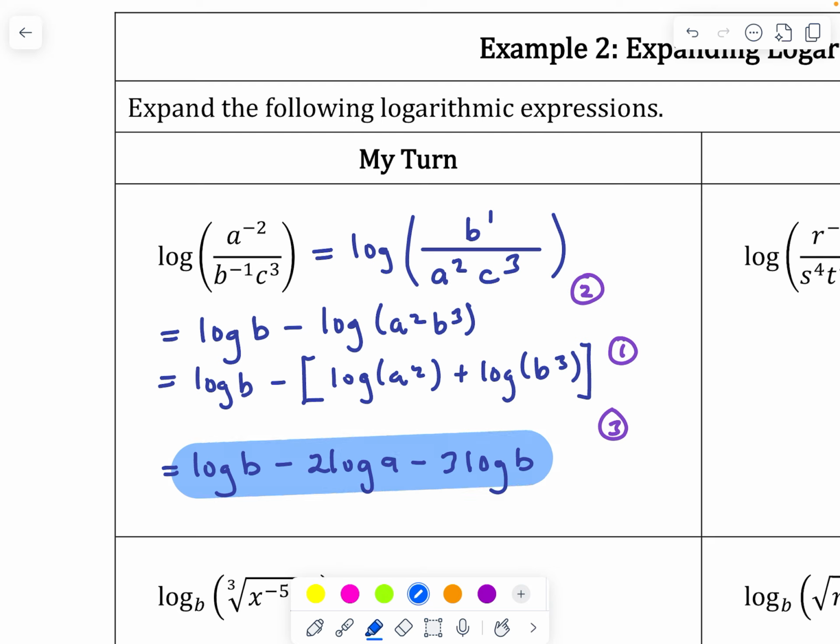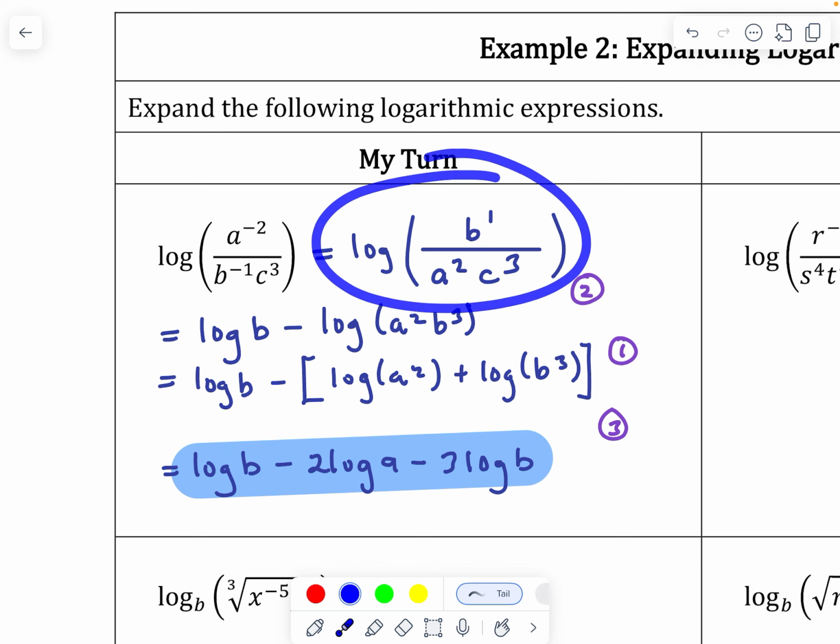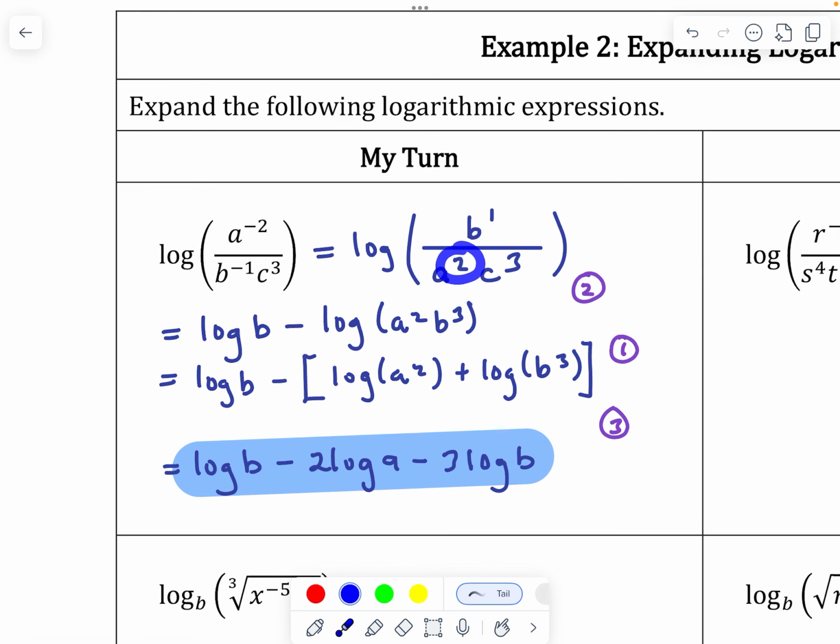So connecting this to back up here, this 2 ended up in front. This 3 ended up in front. And the logarithm with the a inside of it was a negative because it's in the denominator, and the logarithm with the b, whoa, I made a mistake.